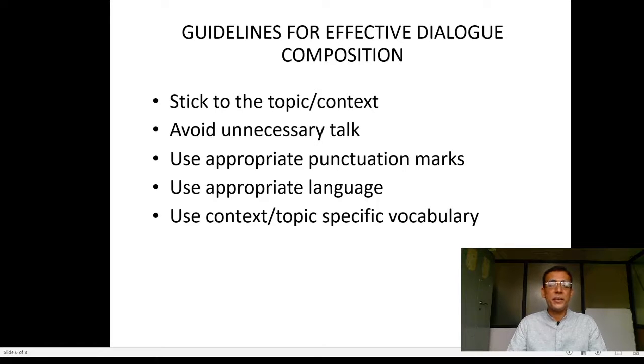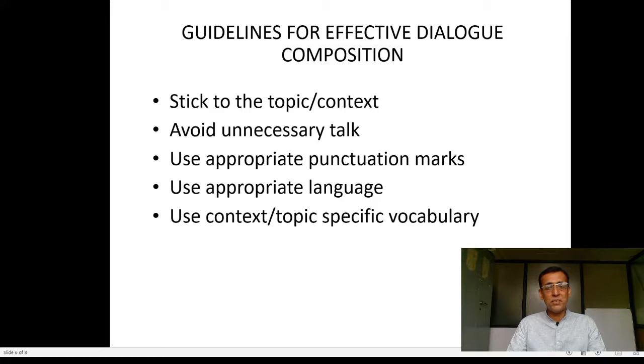Avoid it. Use appropriate punctuation marks like comma, inverted commas, colon, semicolon, question mark, exclamatory mark. Use appropriate language. The characters, when they speak in a formal situation, use different language. When they are in an informal situation, the language is entirely different.